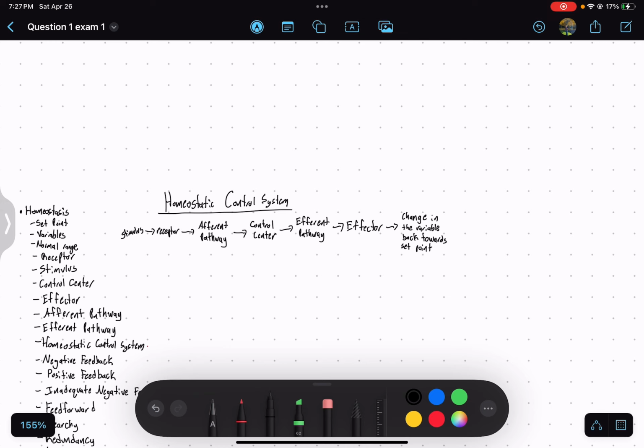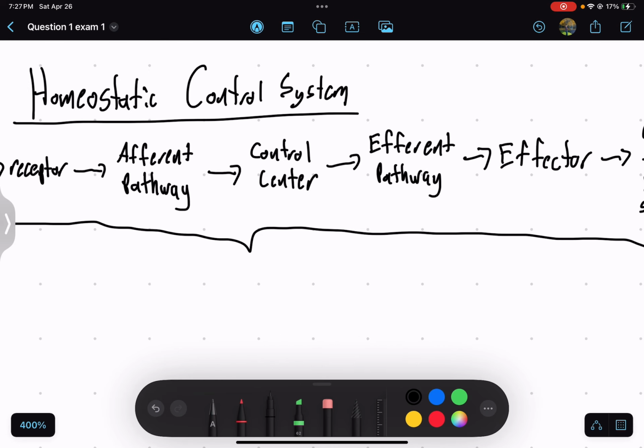This is what our body wants to do. And whenever this works effectively, it is called negative feedback.